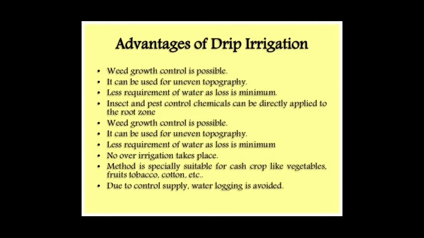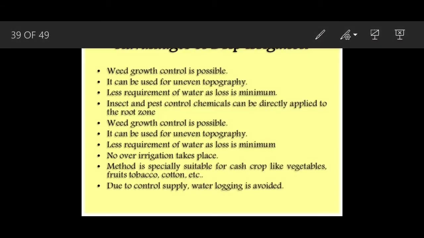Now children, advantages. I'll read a few and you can read the rest, and as I told you, you need to learn only a few for the sake of exam. So first point, weed growth control is possible. It can be used even in uneven topography. If the land is not even and plain, then also in uneven topography, this type of irrigation can be done effectively.